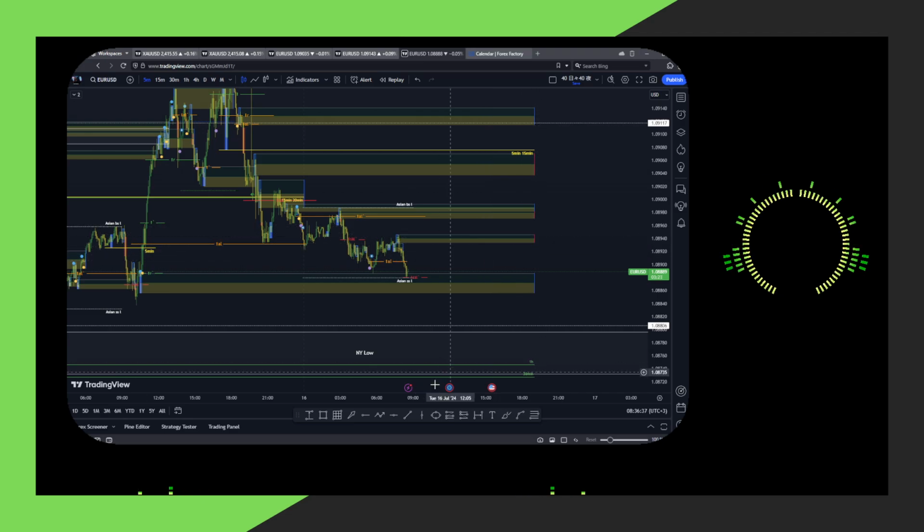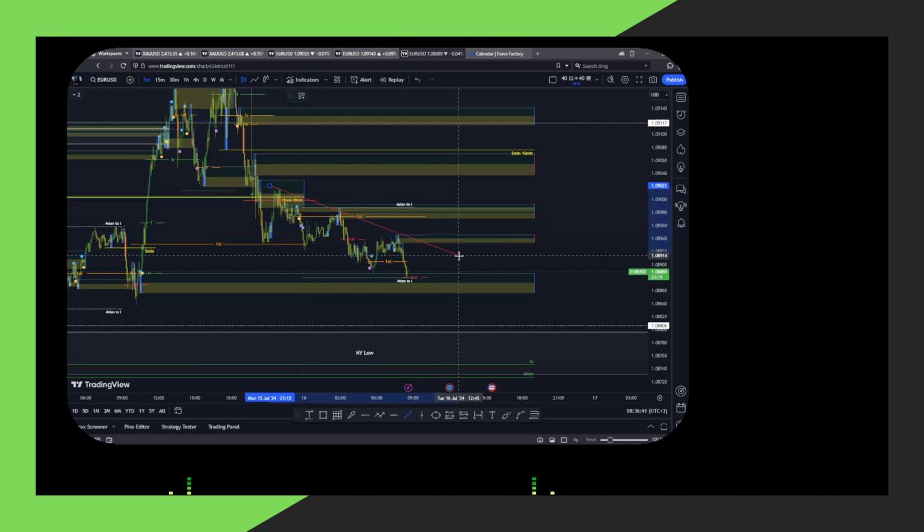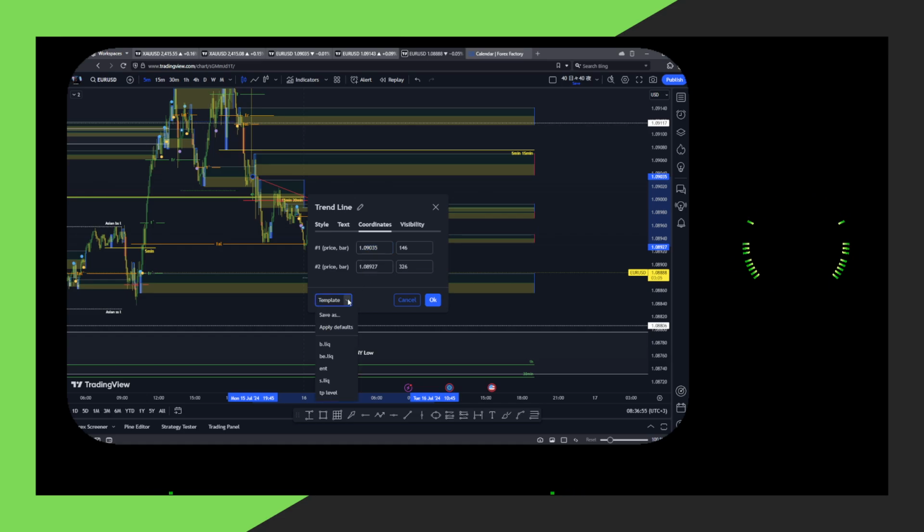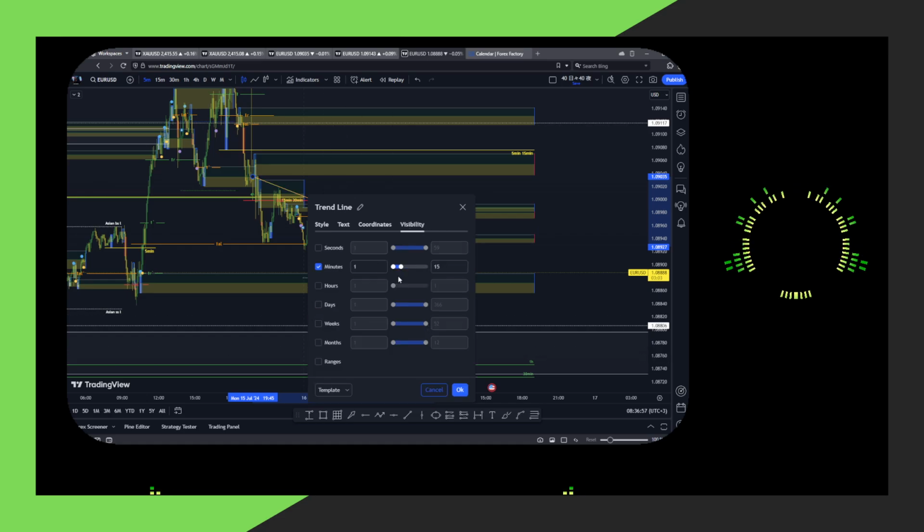Also, I'm noticing this trend line supply there, bearish, and allow this to be visible on the 5 minutes.